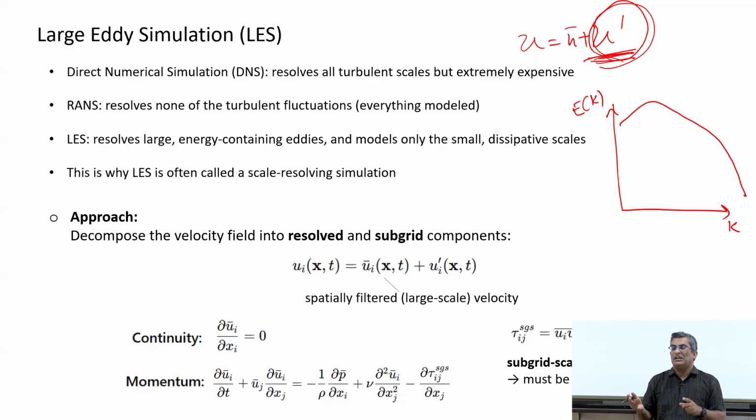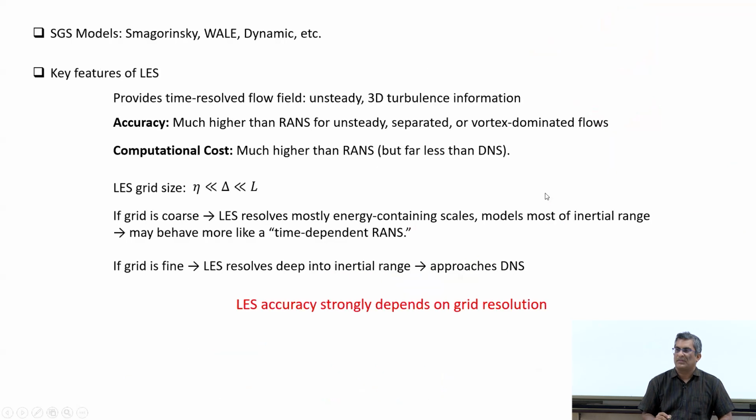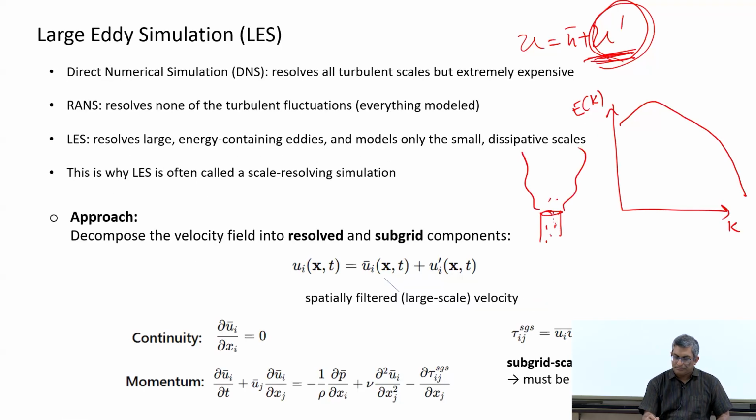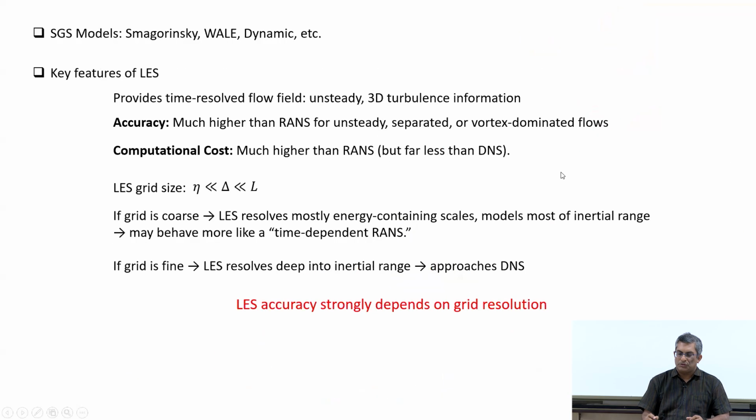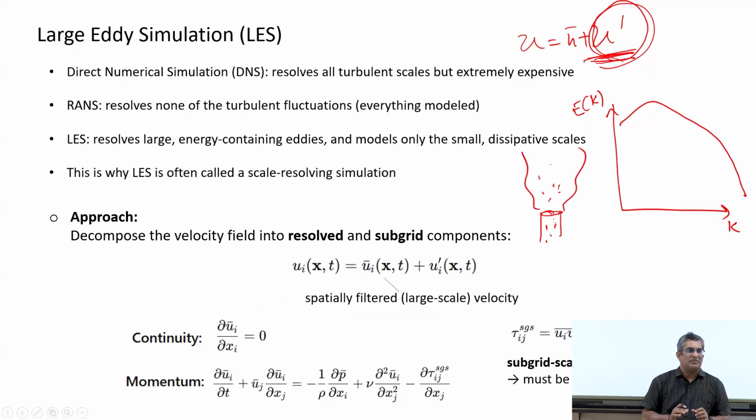Later, when we consider multiphase flows, imagine particles in your flow. So you have, let's say, a turbulent jet having particles. Now, if you solve the RANS equation, you get the mean flow only.